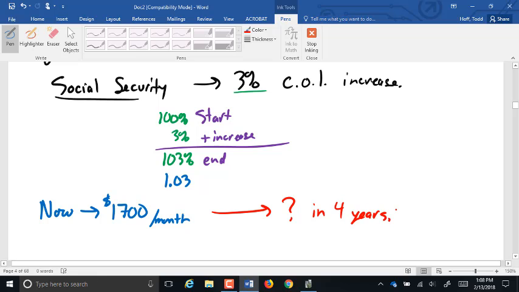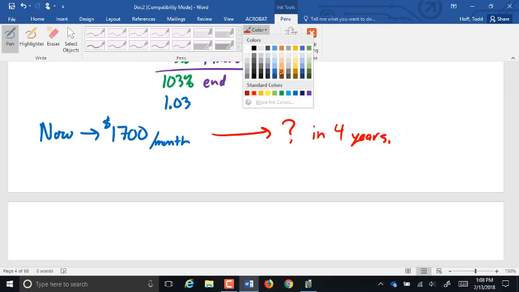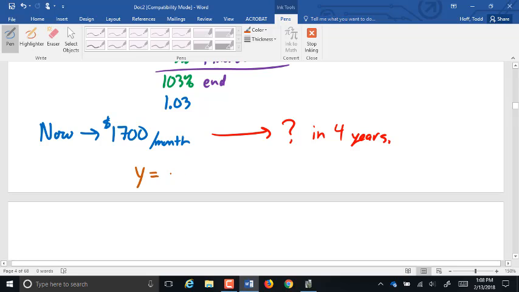So after 4 more increases. Well, Y is going to equal that initial amount, in this case the 1,700, times 1.03 to the power of 4.